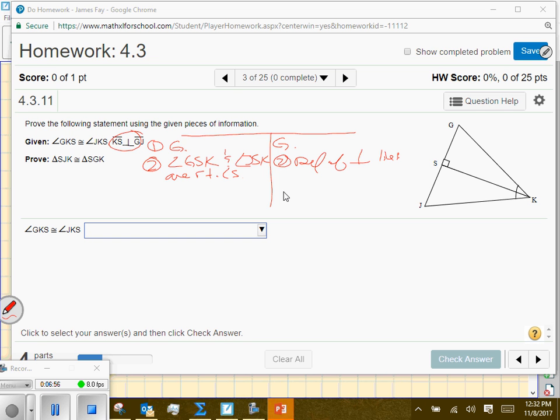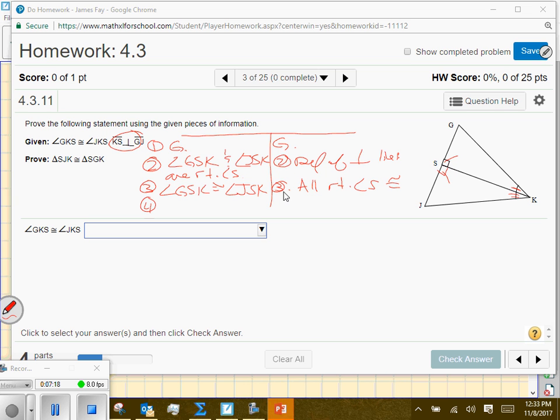Okay. Then once those are right angles, what can you always say about 2 angles that are right angles? Congruent. So we say angle GSK is congruent to angle JSK because all right angles are congruent. Step 4 then. So right now we've got that information.